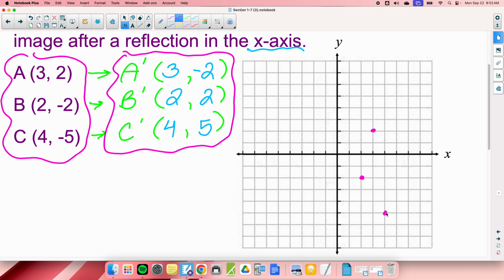Now you're going to combine those points and it should make a triangle. Try to do as straight of lines as you can, and I do have rulers up here if you would rather be more precise. We also need to label the points. The point 3, 2 I'm going to make A. 2, negative 2 is B. And 4, negative 5 is C. So that's my original figure.